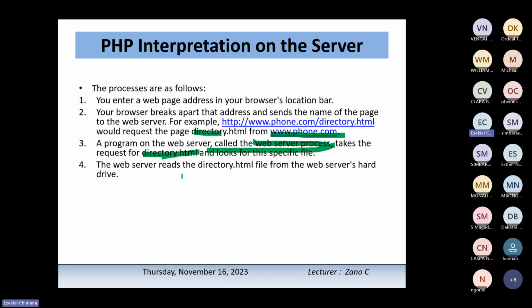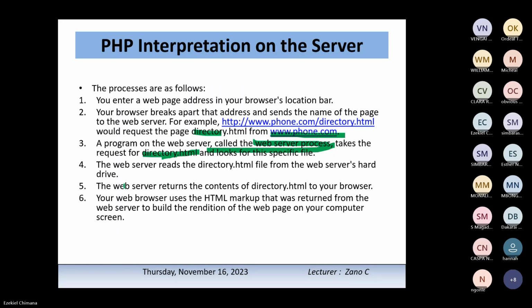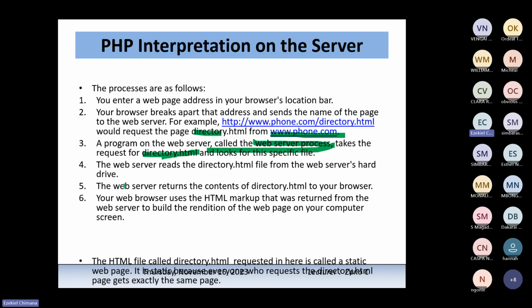So the web server reads the directory.html file from its hard drive and returns the contents of directory.html to your browser. Your web browser uses the HTML markup that was received from the web server to build the rendition of the web page on your computer screen.